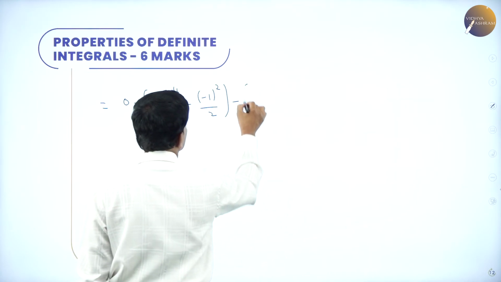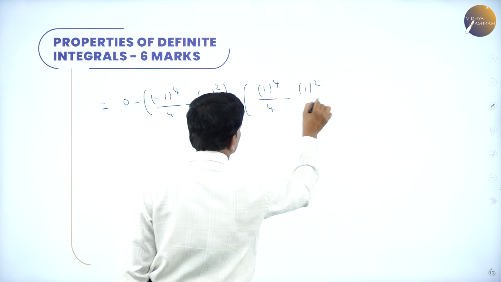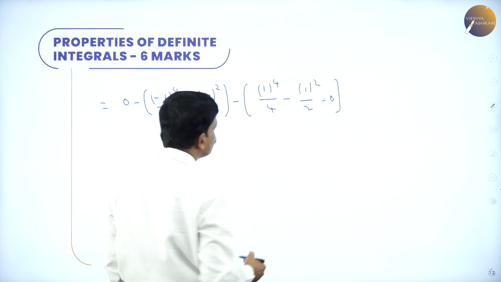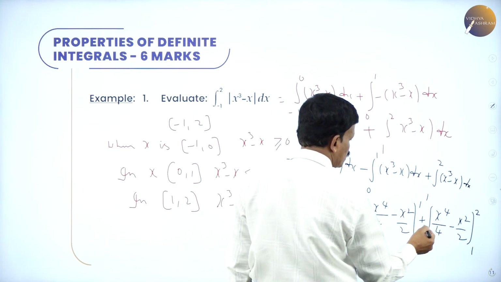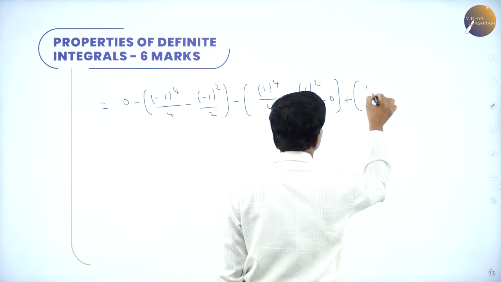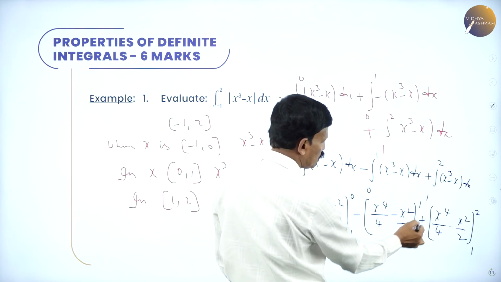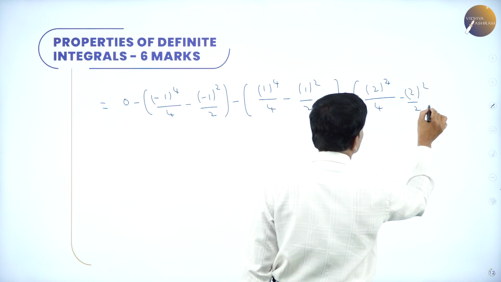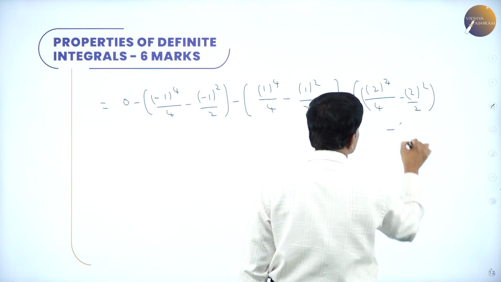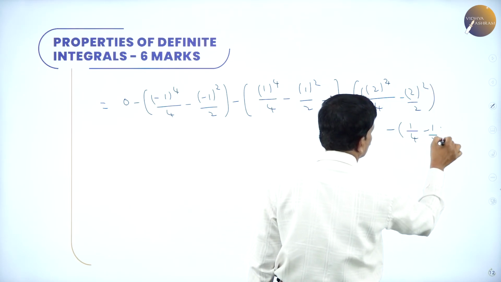This can be written as 1 to the power of 4 by 4 minus 1 square by 2 minus 0. Plus, upper limit is 2, lower limit is 1: 2 to the power of 4 by 4 minus 2 square divided by 2, minus lower limit 1: 1 to the power of 4 by 4 minus 1 by 2.